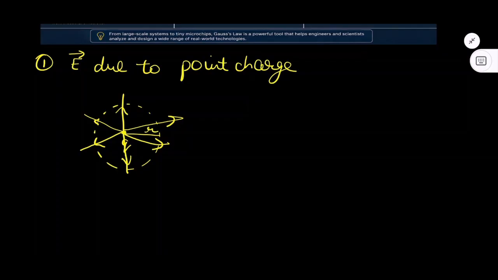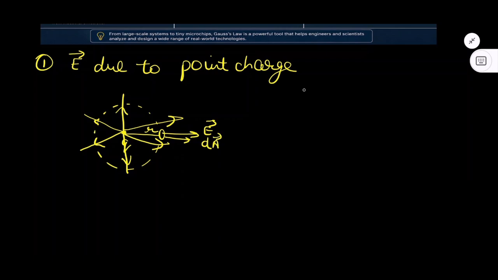We have to find the electric field at a distance r from the charge. So this is the r, and the electric field will be outwards, and the area vector is also outwards. If I draw a small element over here, the electric field will be in this direction, and the area vector will also be the outward normal.